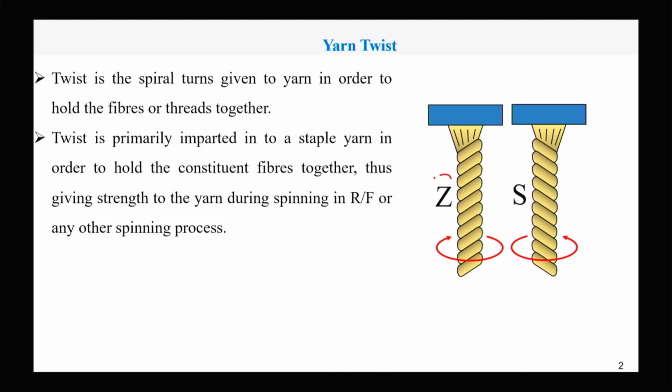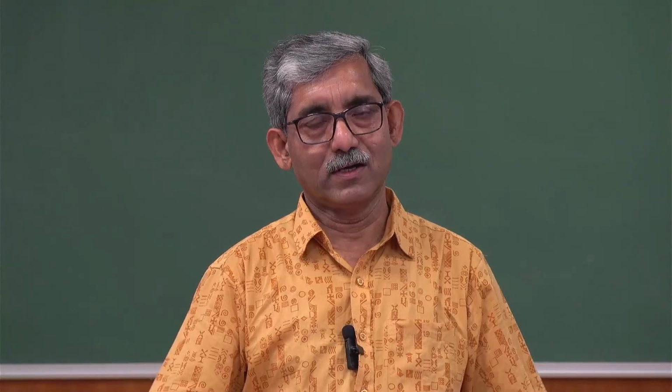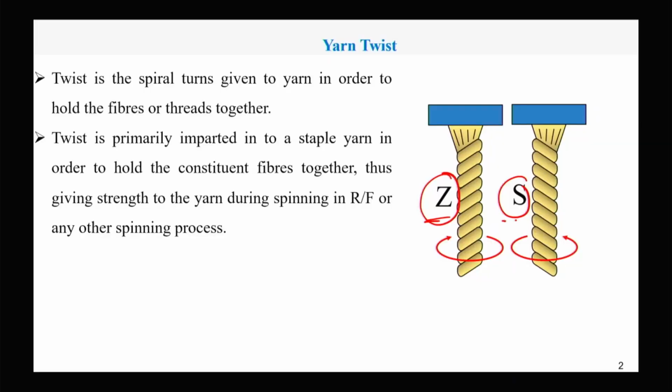One is called Z twist, another is S twist. Depending on the direction of the fiber alignment on the yarn surface, we classify the twist.